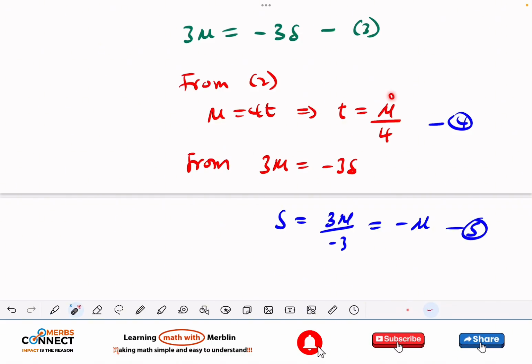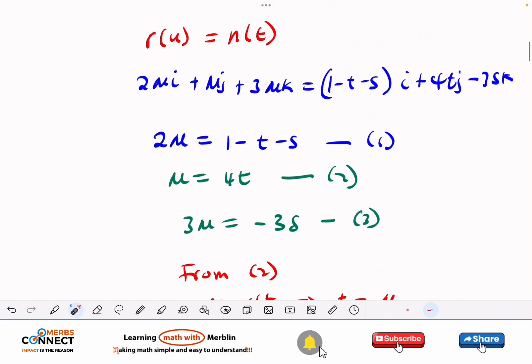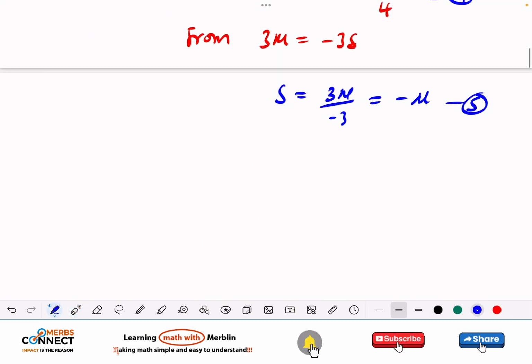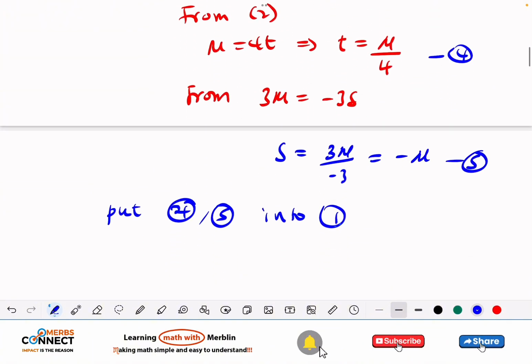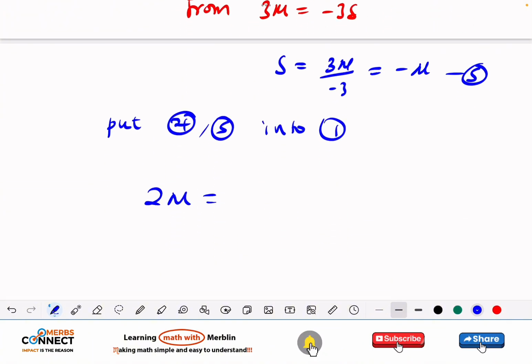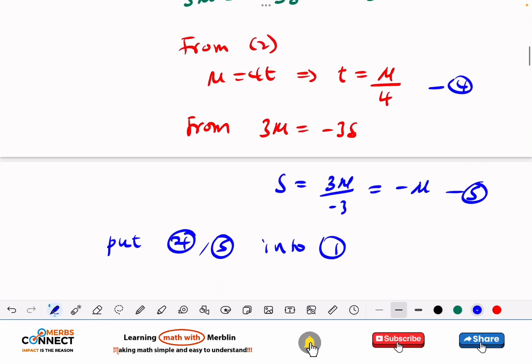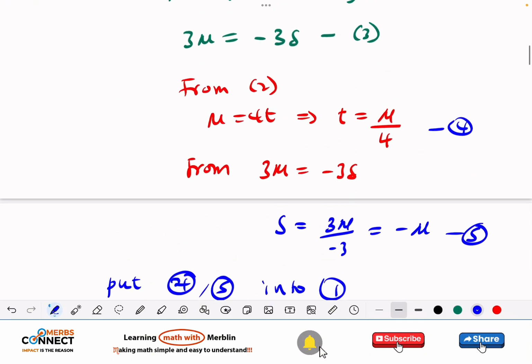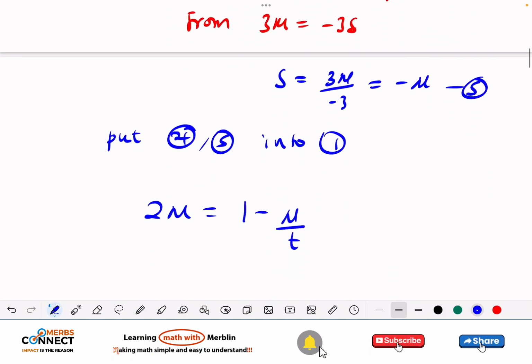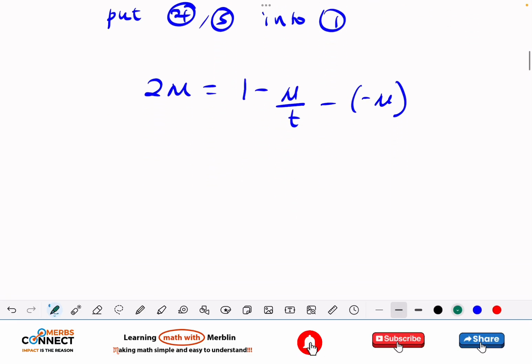So now that we have gotten t and s, we can plug them into equation 1 so that we can find mu. So let's do that. Put equation 4 and equation 5 into equation 1. So what are we going to get here? We are going to have 2 mu is equal to 1 minus t. t is mu over 4. Then minus s, but s is minus mu. So let's try and find mu.